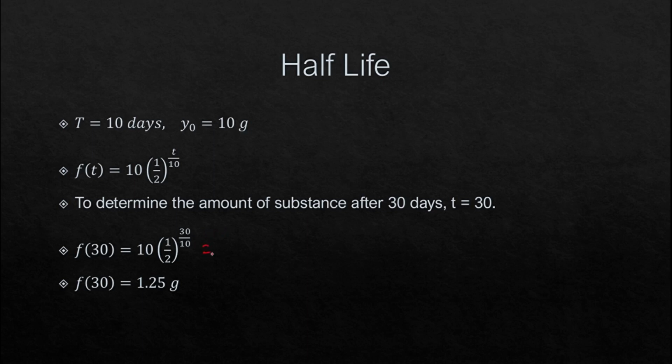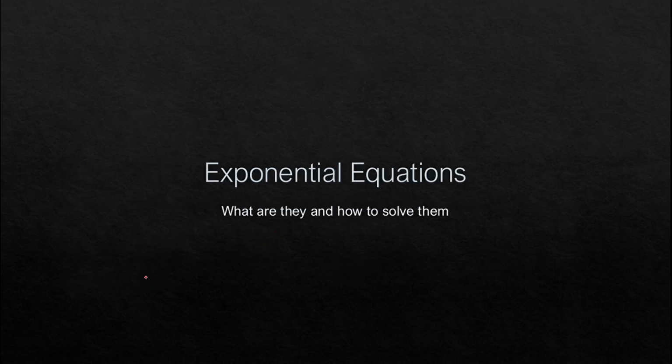So we can simplify: 10 times 1/2 raised to the power of 3. 1/2 times 1/2 is 1/4. 1/4 times 1/2 is 1/8. So 1/8 times 10 is 1.25 grams. So in 30 days, magiging 1.25 grams na lang ang quantity ng radioactive substance.